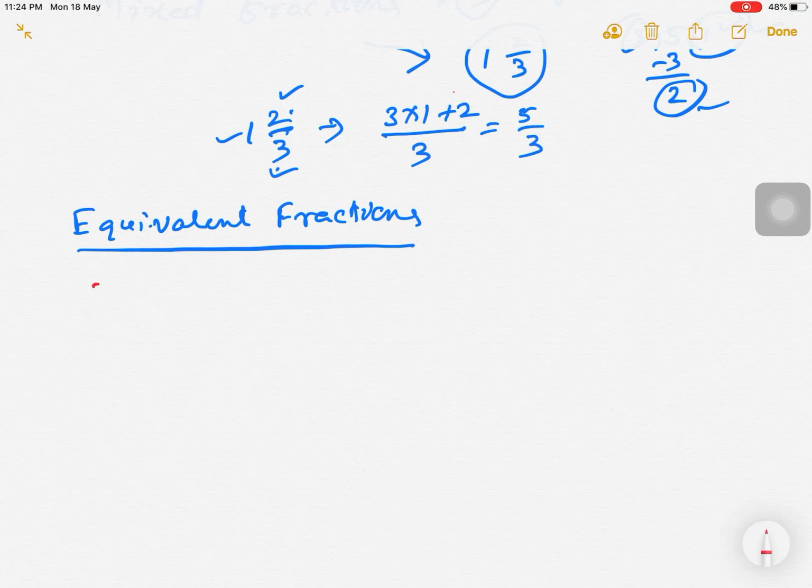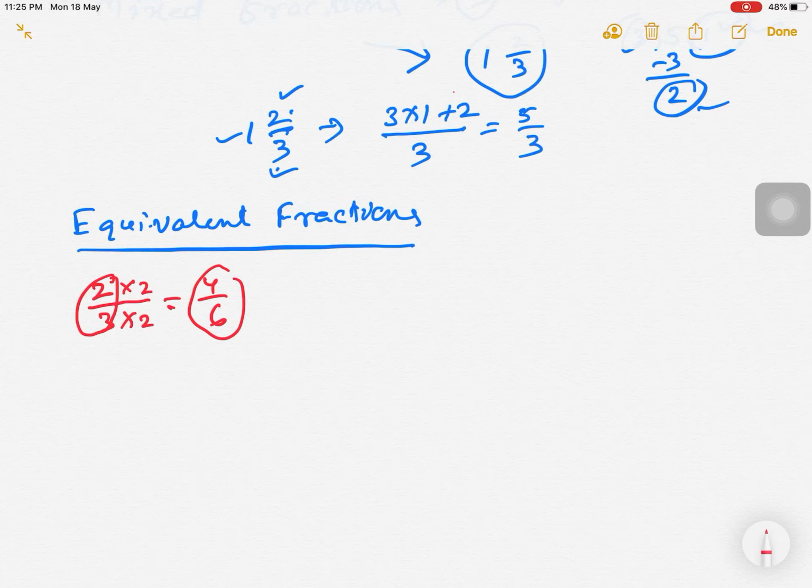Suppose I write 2 by 3, and I write 4 by 6. You see, these two fractions are equal. If I multiply this numerator and denominator by 2, I get 4 by 6. So 2 by 3 and 4 by 6 are two equivalent fractions.